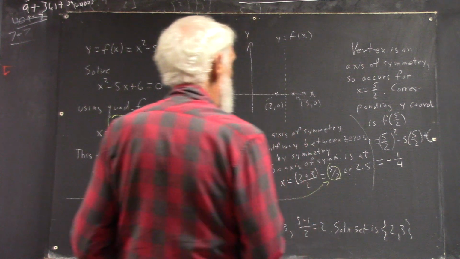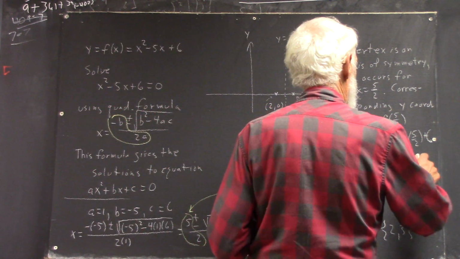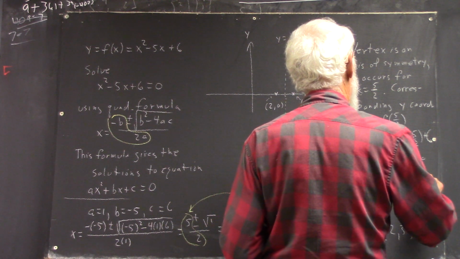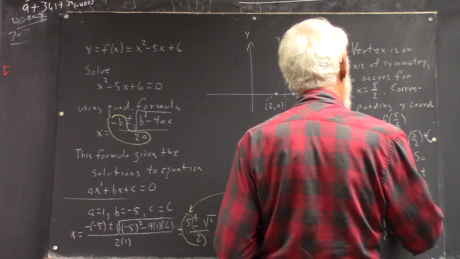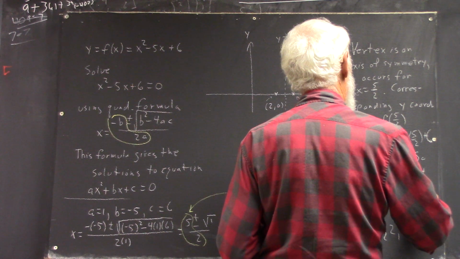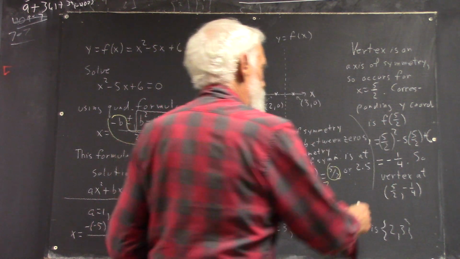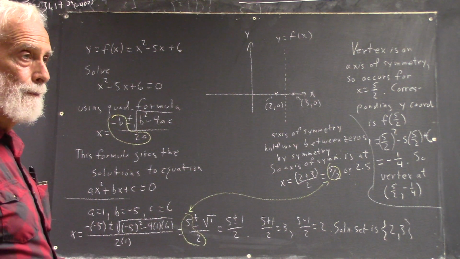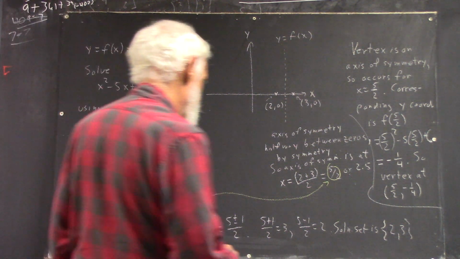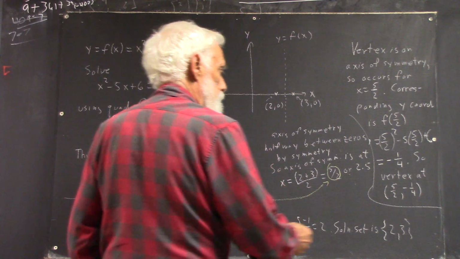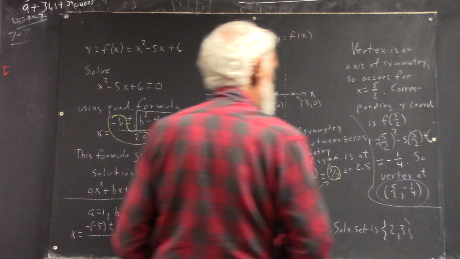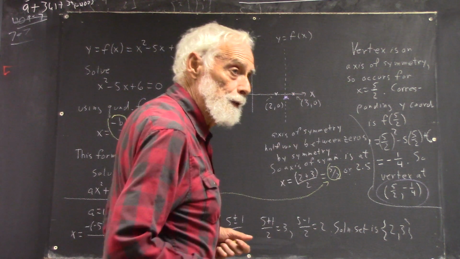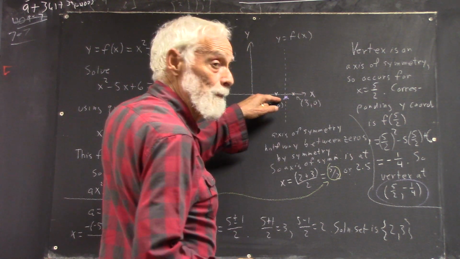Okay? So the vertex is at 5/2, negative 1/4. So, purple circle around that and make a purple X here.